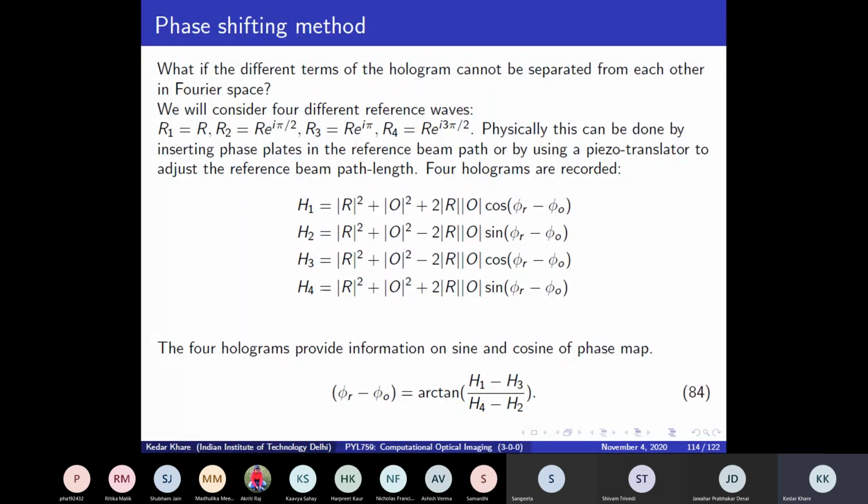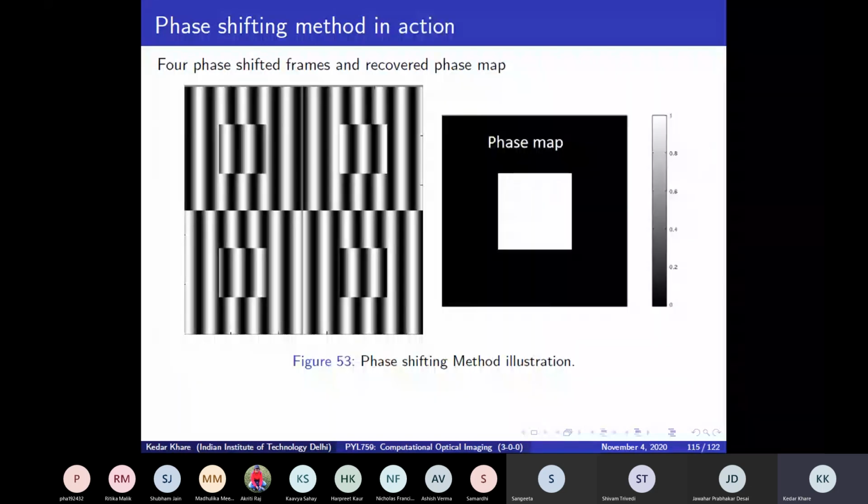So I'm going to show you an illustration of this. I just took four phase shifted maps of a step object. By step object, what I mean is you can think of a glass plate and you put a cover slip on top of it, like a microscope cover slip. Now, if this combination is imaged, typically the fringe pattern you will get is something like this.